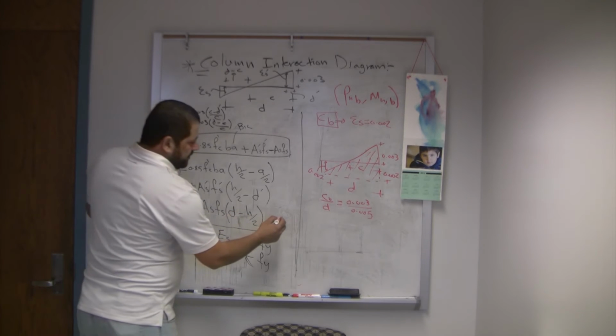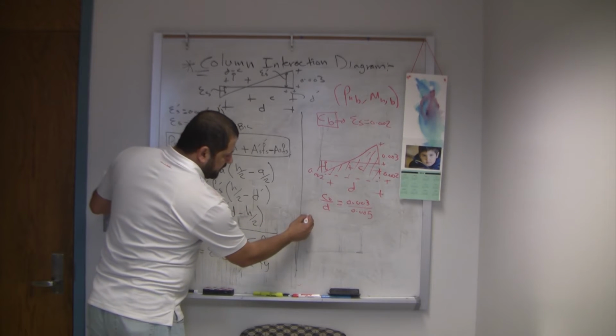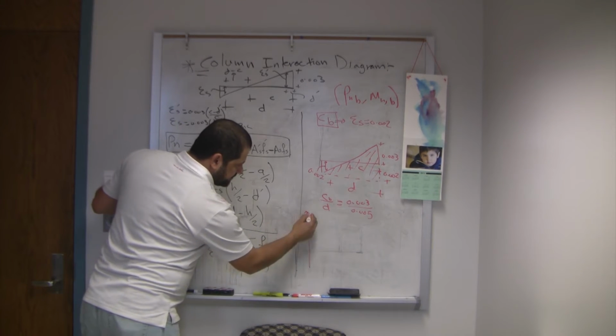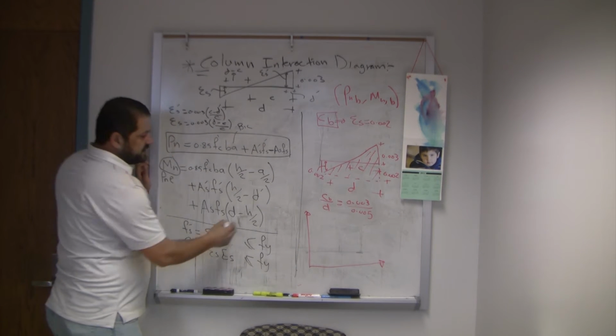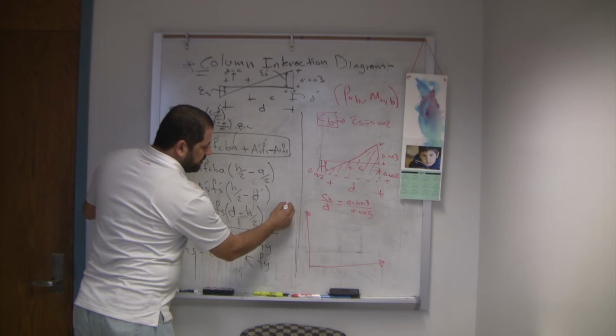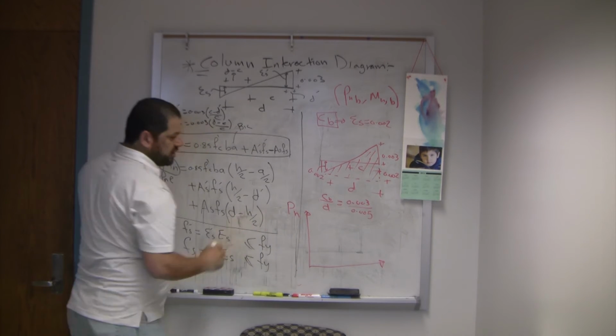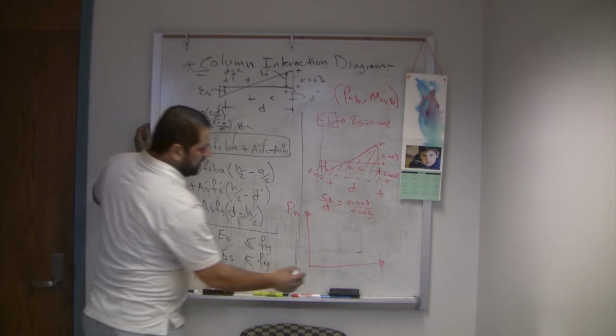Now, the column interaction diagram will look like this. Let's talk about Pn, the nominal, and this is Mn.